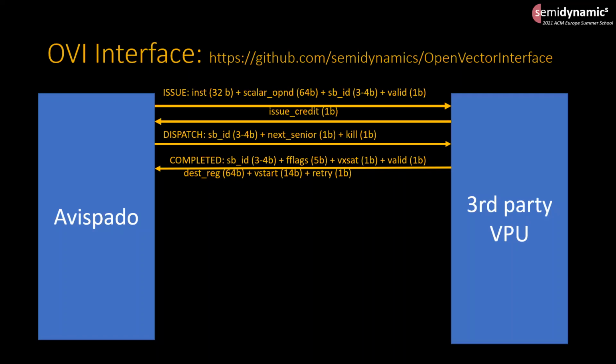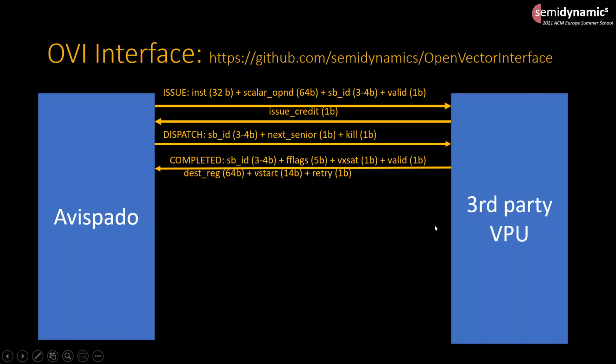So if you had to do 75 things and you only did 70 and there are 5 left, then vstart would be equal to 70, telling us that the next time you give us this instruction, we don't want to start at 0, we want to start at 70.